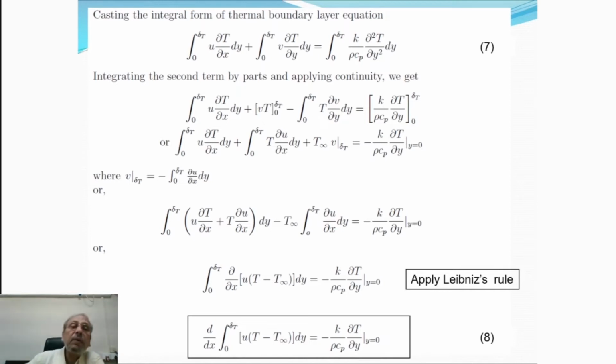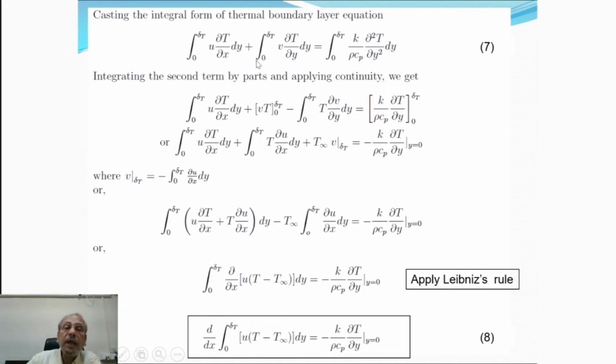In the thermal boundary layer equation, again we integrate term by term within the thermal boundary layer. That means every term is integrated with respect to dy within the thermal boundary layer from 0 to delta t. So integral 0 to delta t u del T del x dy, this was the first term.